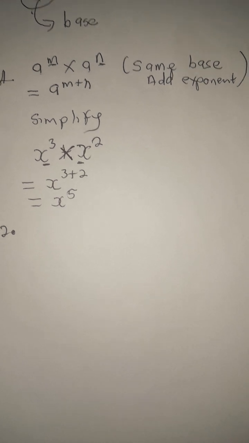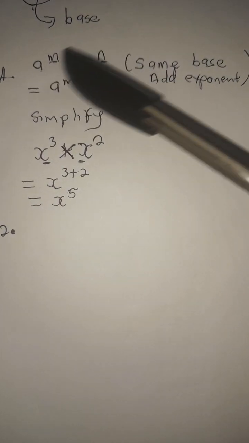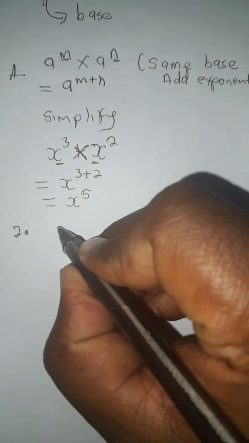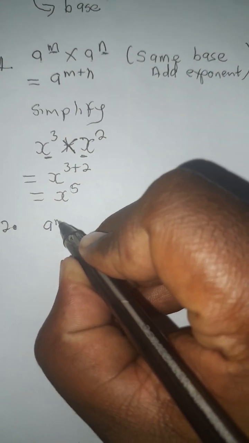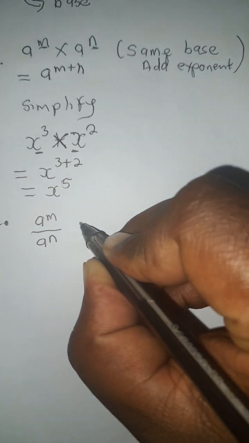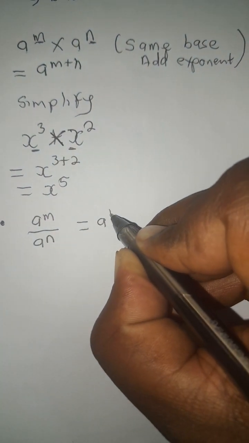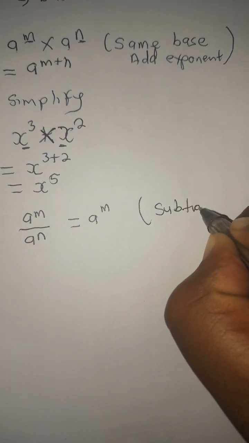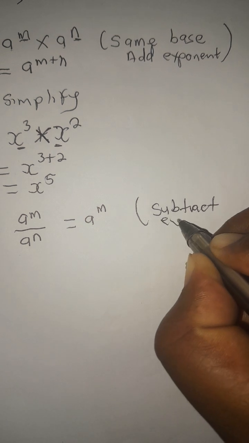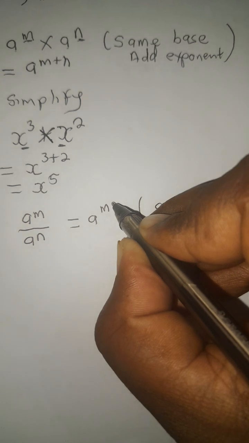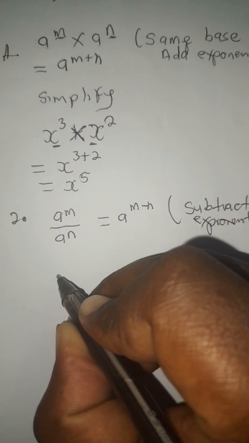Remember I told you that when you're multiplying and the bases are the same, you add. But for this law, consider you are having a to the power of m divided by a to the power of n. Here you subtract the exponent, meaning that this will be m minus n.